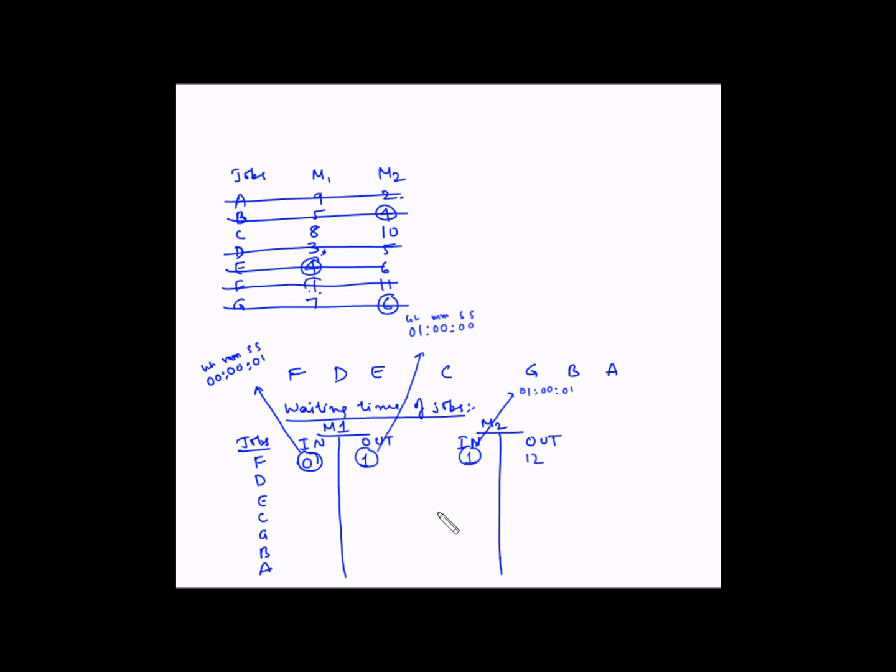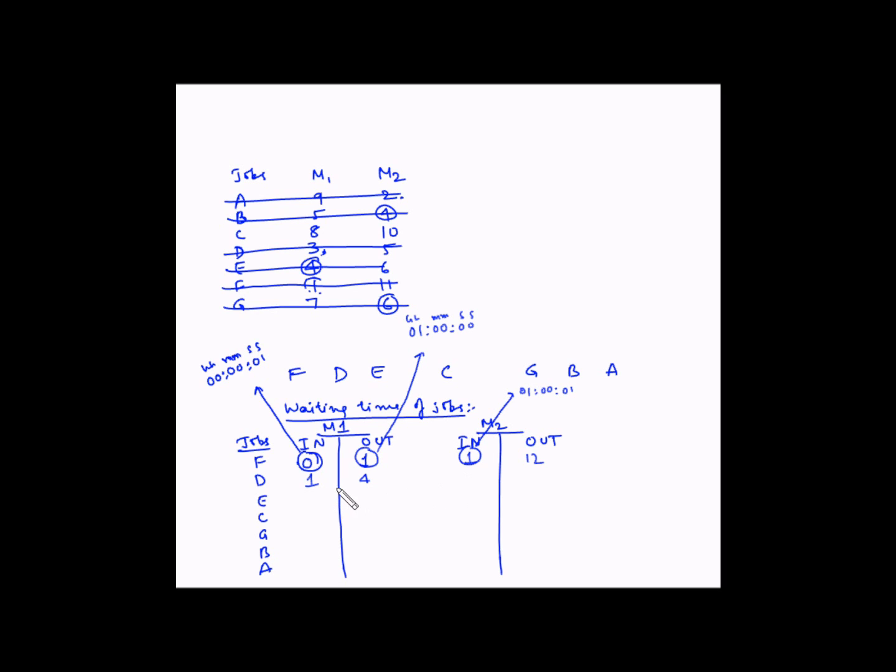Similarly for job D, on machine M1, we can start processing this at 1, and it's been given that D is processed on machine M1 for 3 hours, so this will be out at 4.